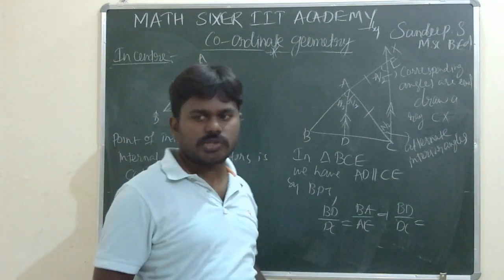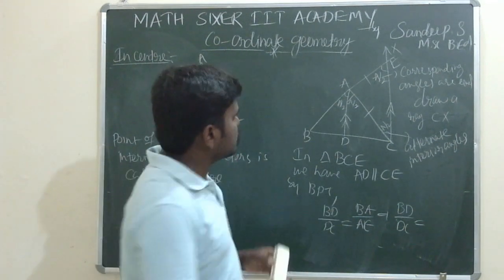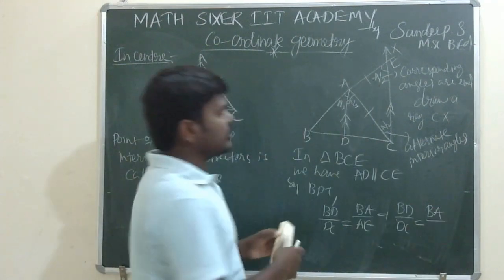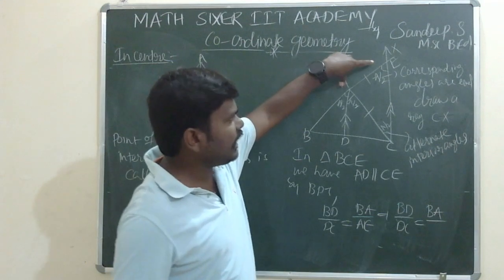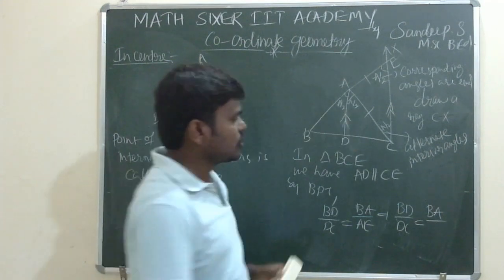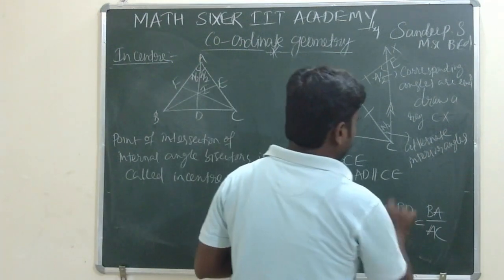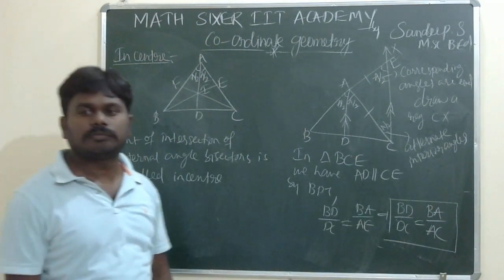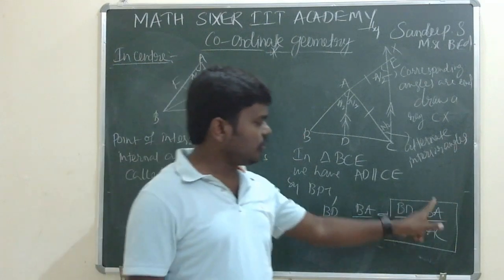Here AE is an external side, but we know AE is equal to AC. So we can replace it and say BD by DC is equal to BA by AC.